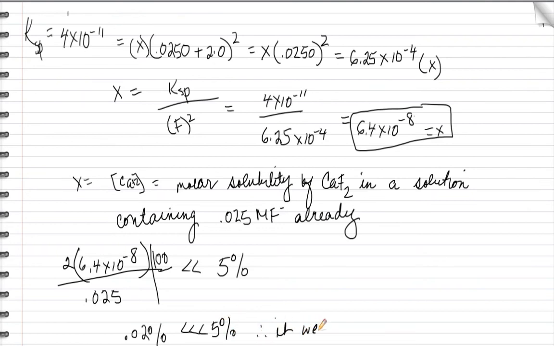If that number divided by 0.025 times 100 is less than 5%, it was a good thing to ignore it. And it is.